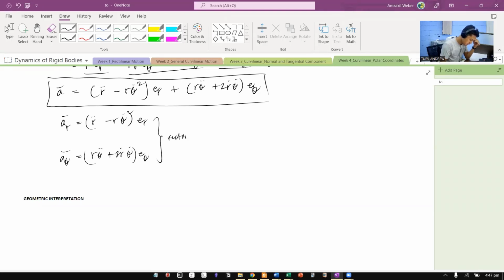These are vector notation, and for the scalar notation, a_r is r double dot minus r theta dot squared, and a_theta is r theta double dot plus 2 r dot theta dot. This is scalar notation. And for the magnitude, a is equal to the square root of a_r squared plus a_theta squared.